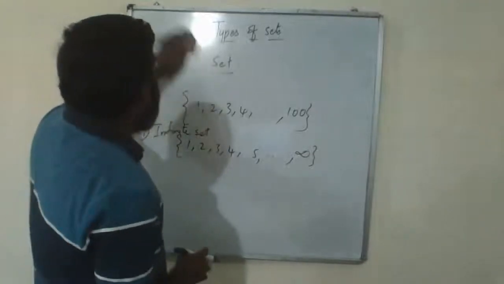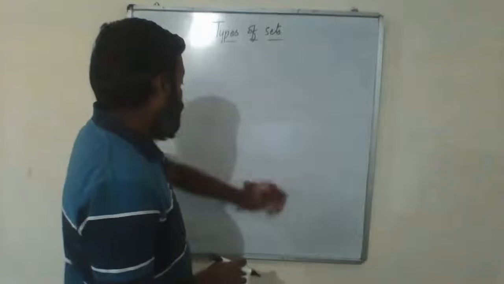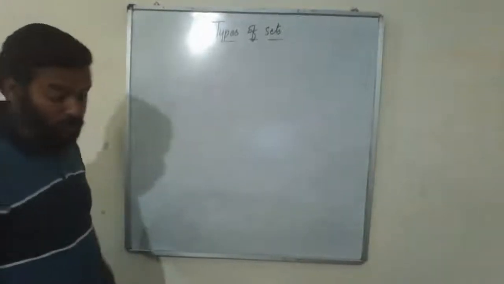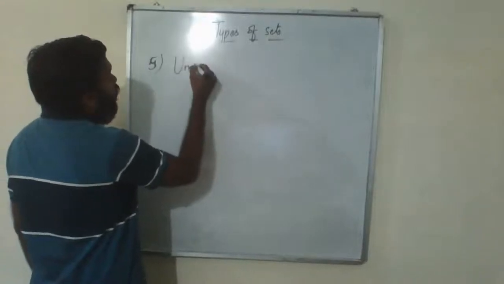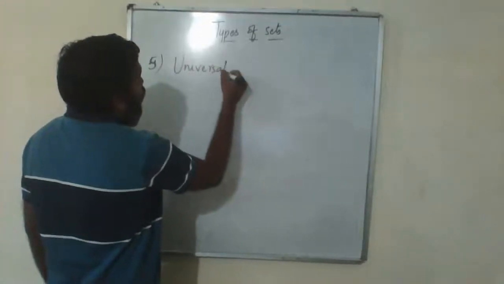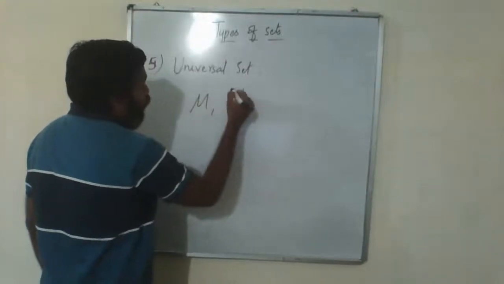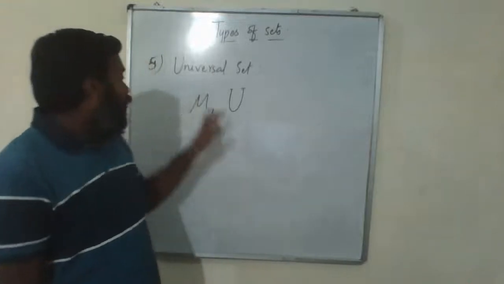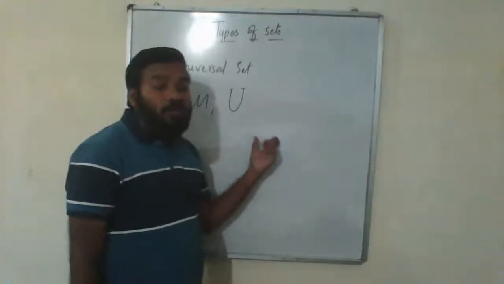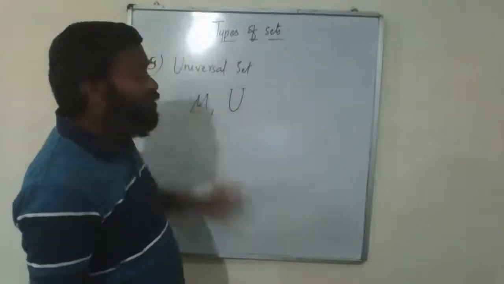Now we shall go for the universal set. This is represented by mu or capital U. If you are given a universal set, every object under the universe comes under this set.